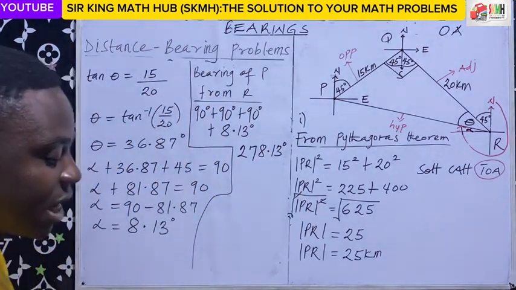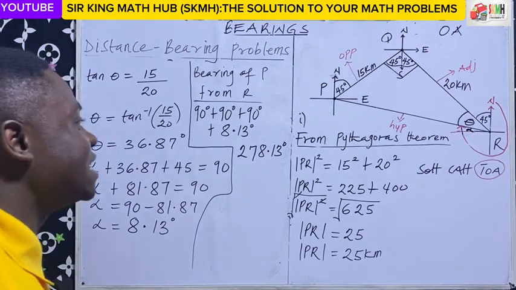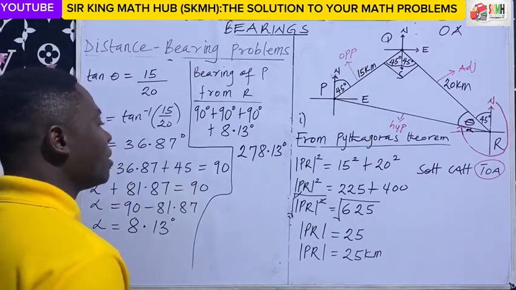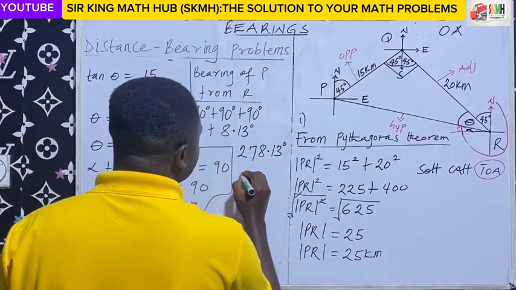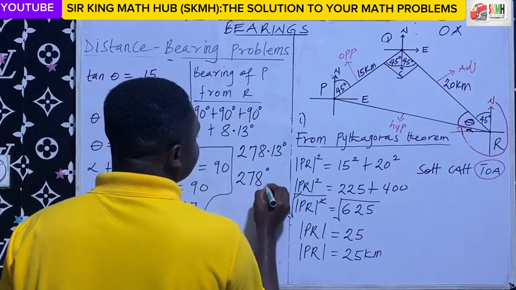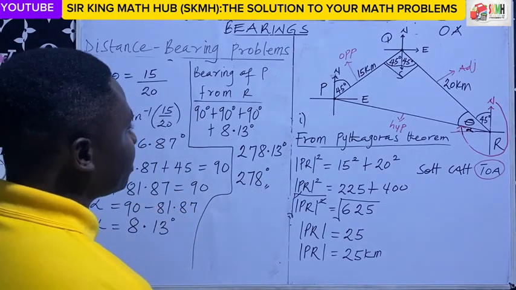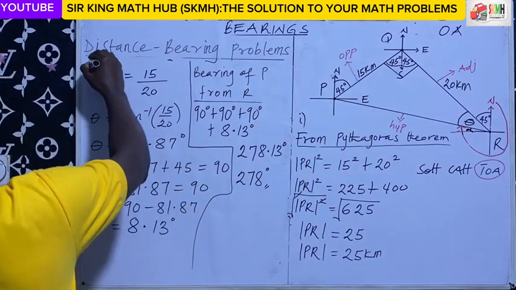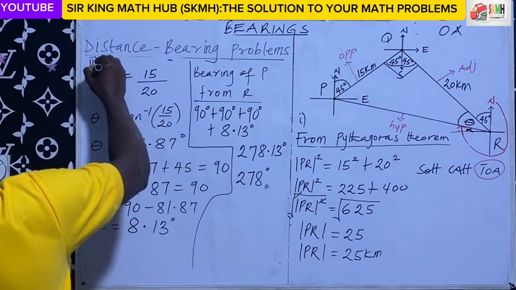Don't forget that we are asked to correct our answer to the nearest whole number. So to the nearest whole number, that should give us 278 degrees. So this is the second part of the question.